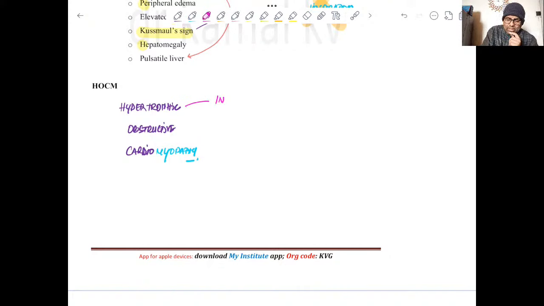This is the interventricular septum. Obstructive, where is the obstruction? Obstruction to flow of blood from the left ventricle onward. And cardio is heart, myo is muscle, and pathy is problem, so myopathy. Clear? So a classical explanation.